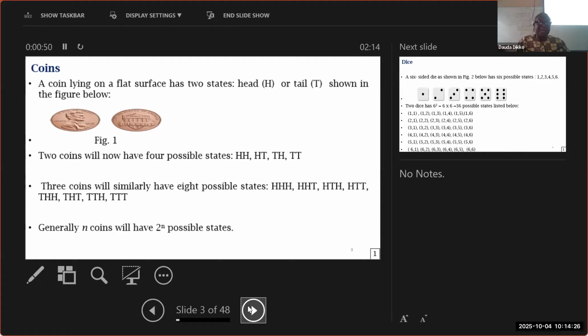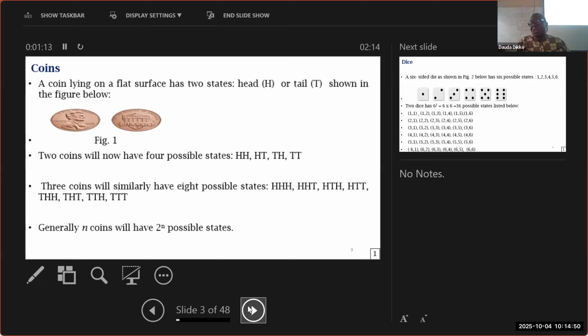That is head and head, one coin having head, the other one also having head. That is why we have HH. Then one coin having head and the other one having tail. That is how we have HT. Then the other one can have the tail and the head.